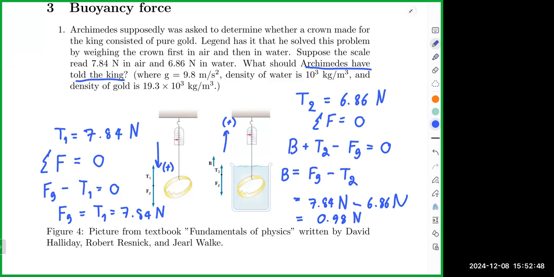The key is this one, the buoyancy force. Actually, the buoyancy force is the force of the water that is replaced by the crown.